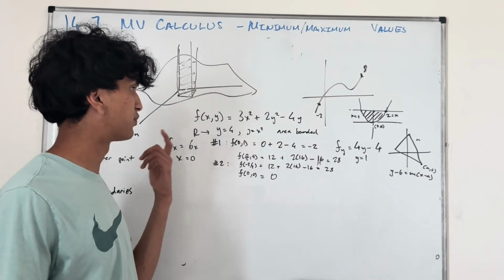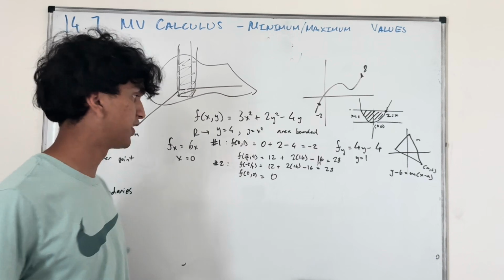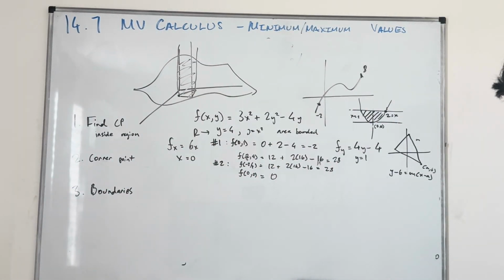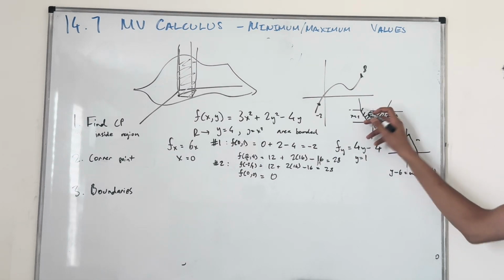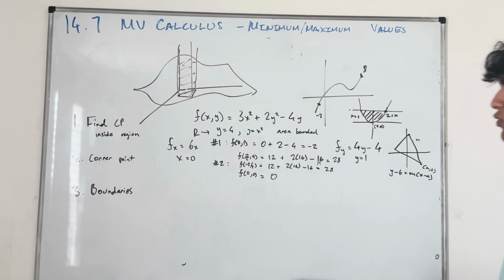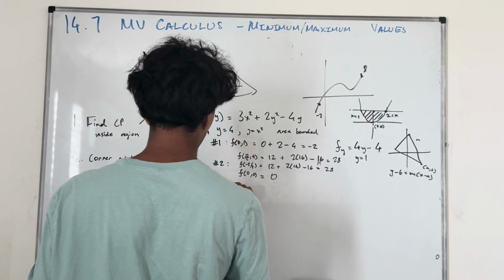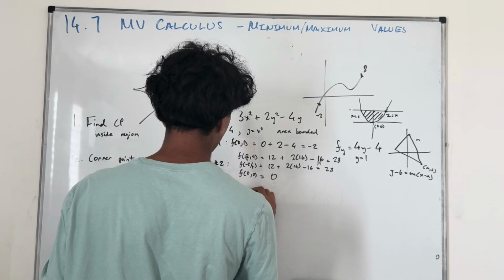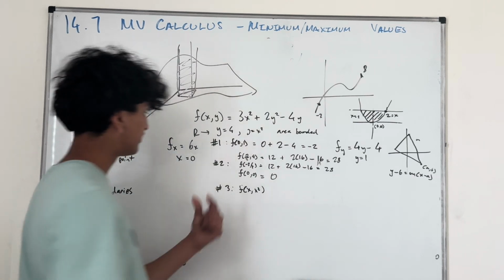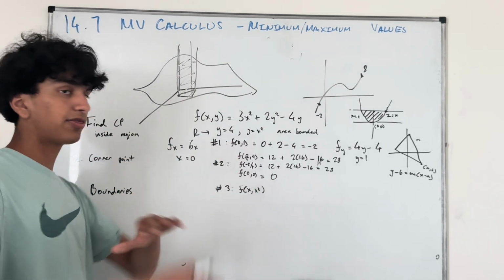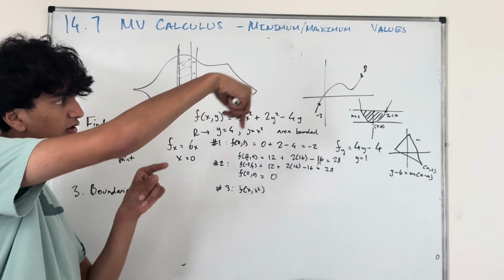And in this case, it's a parabola, so I'm going to use y equals x squared. What I realize is along this curve, all the y values are going to equal x squared. So this would be the same thing as doing f of x, x squared. What this does is it gives me the points along my 3D function, but just along that curve.